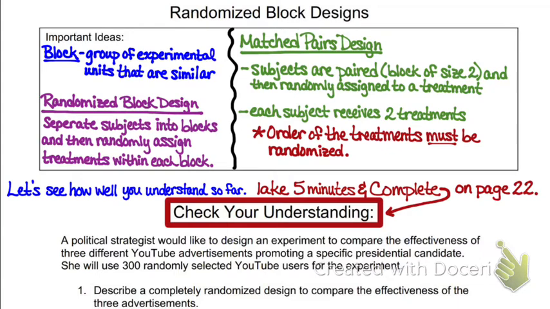And the order that they receive those treatments in has got to be randomized. As soon as people feel like they're starting to sense a pattern, that absolutely influences the results that you have.